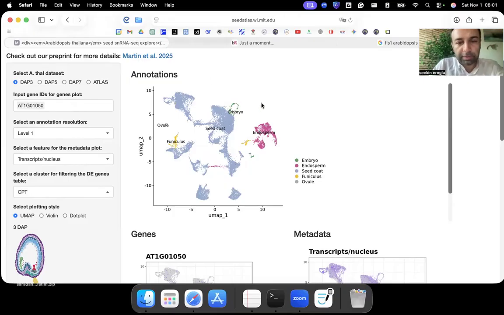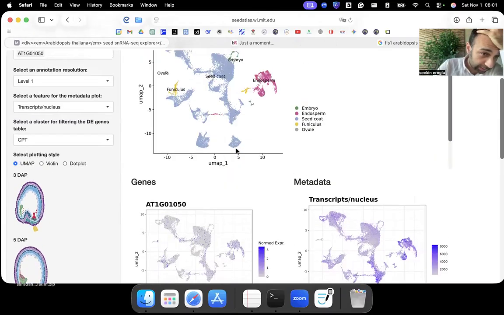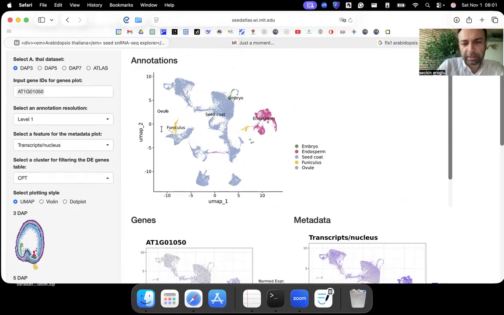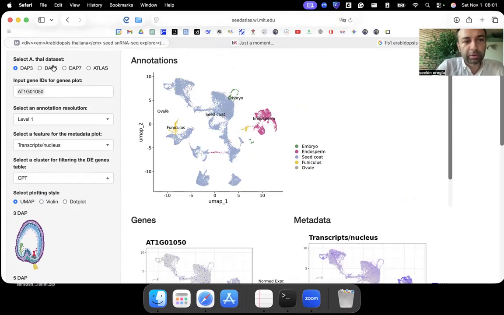And then they had a lot of data, and there are many different ways they employ here to show us this data. And this is something I like with this website. The other websites sometimes don't have this much data. So first, you can search 3-day old genes, five or seven. You should decide.